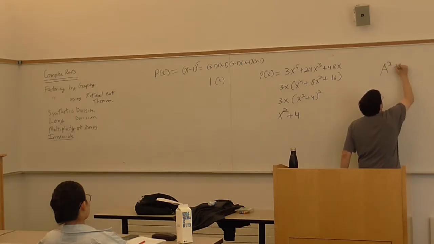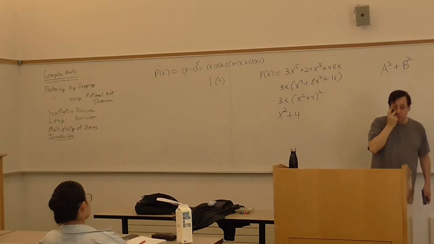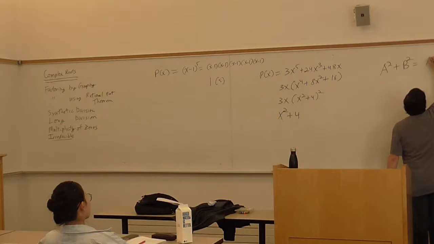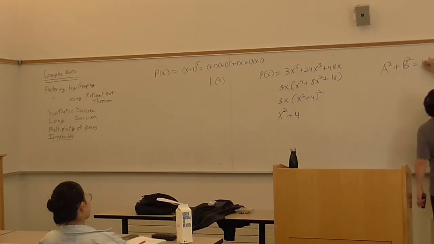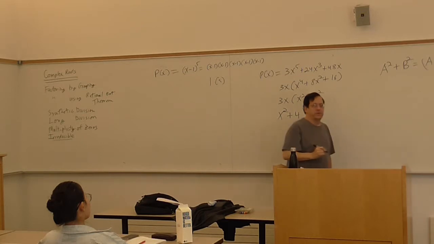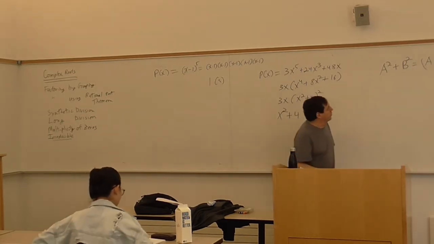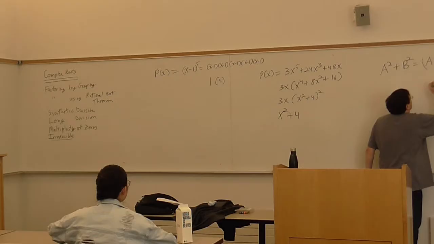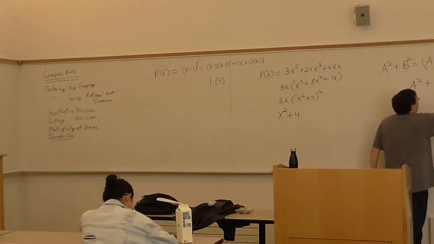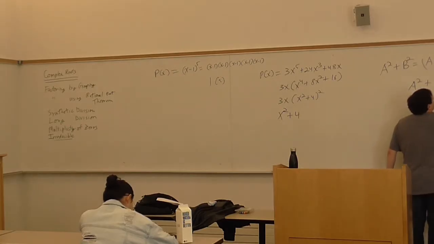So a squared plus b squared is irreducible in the reals, but if I multiply a plus bi times a minus bi, this is an important pattern when we get into complex numbers. So what happens? I get a squared plus abi minus abi.